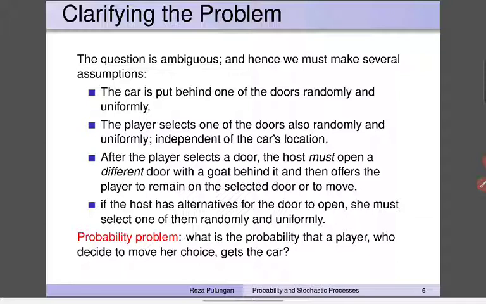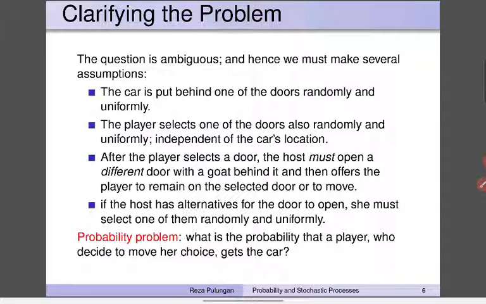So this is what uniform means. The second assumption is that the player selects one of the doors also randomly and uniformly, independent of the car's location. Of course, because the player is assumed not to know the car's location.